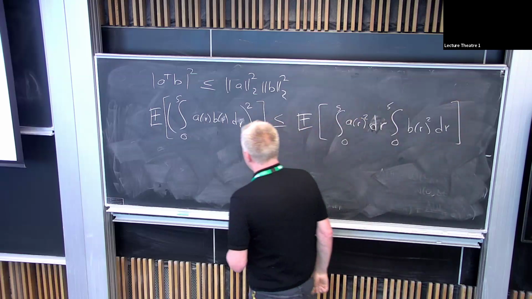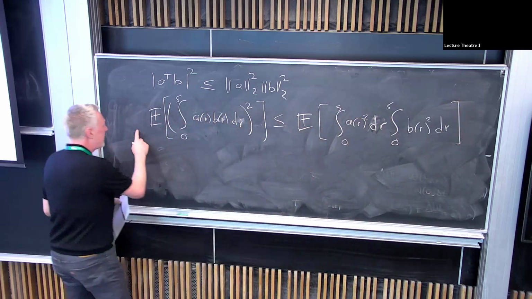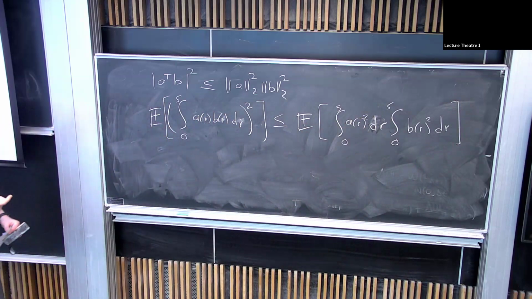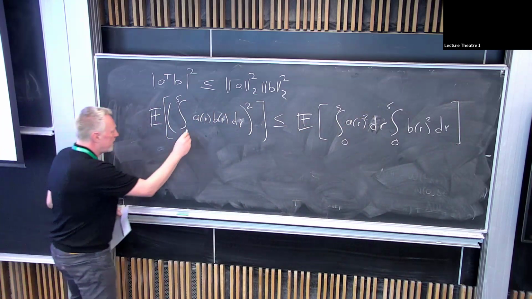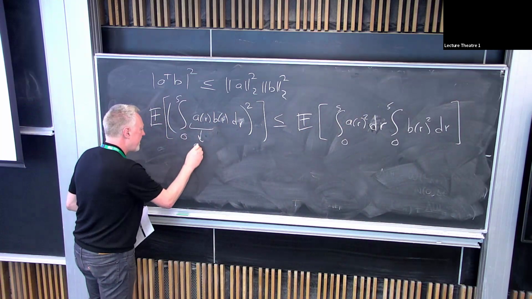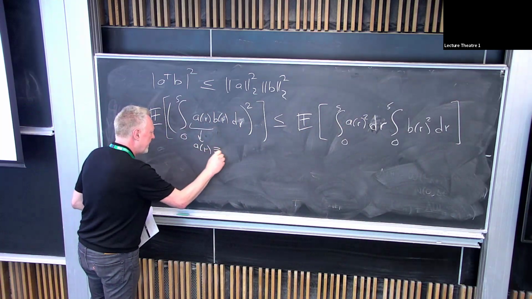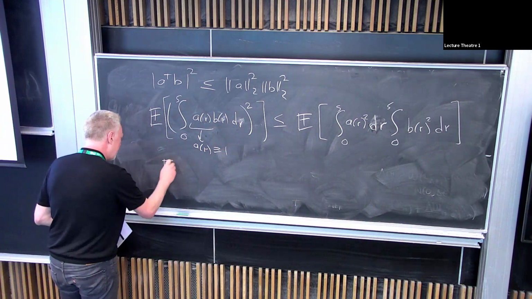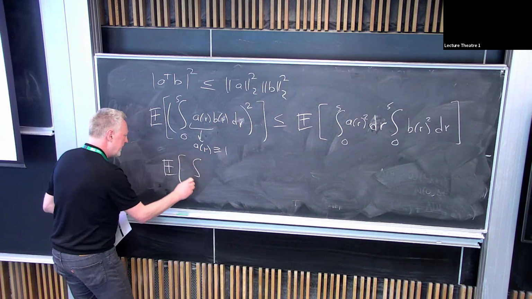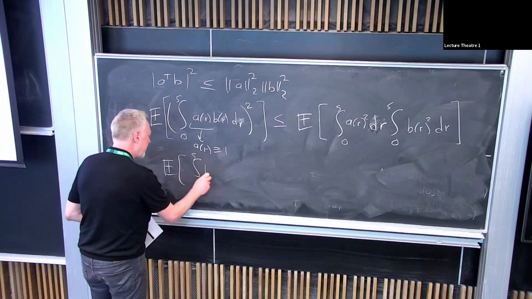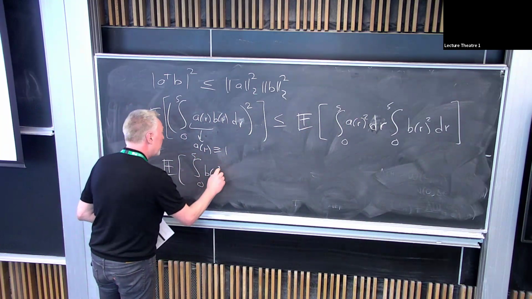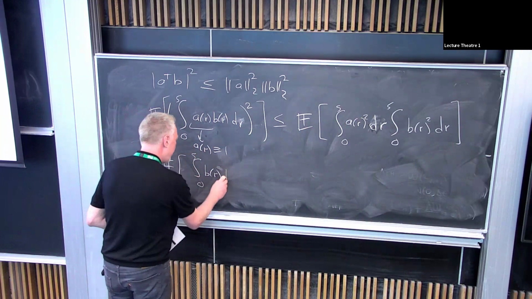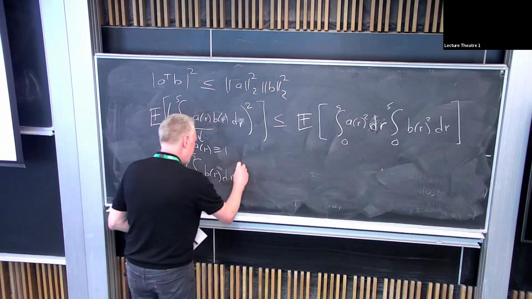Okay, so that would be an application of Cauchy-Schwarz in this setting, but we can also just take B to be the density equal to 1, and that allows us just to bound the integral of P of R, all squared, in expectation.